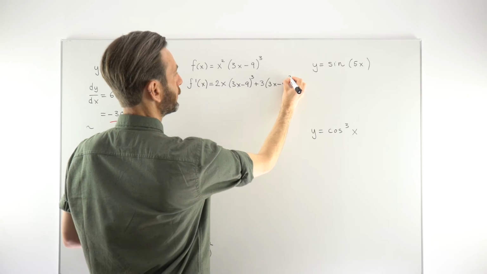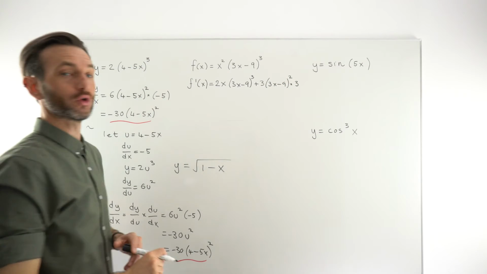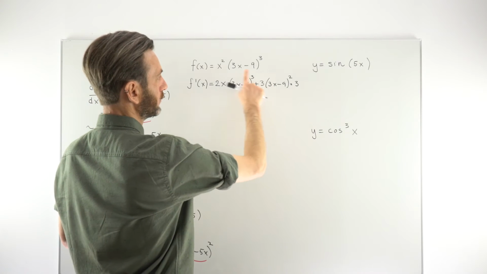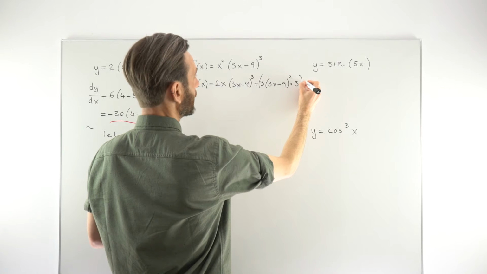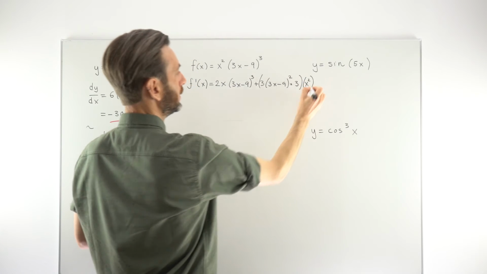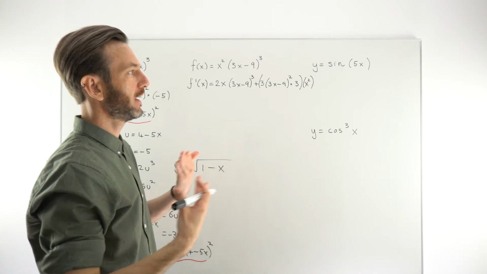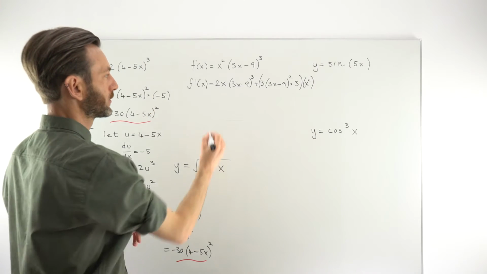We take 1 off the power, and then we multiply by the derivative of the inside of the bracket, which is 3. And we need to multiply all of that, the derivative of that, times this guy here. So I'm going to put all of that in a bracket and then put an x squared on the end there. So it's quite messy, this one, in terms of algebra, but this is the kind of level you need to aspire to, because you will see a lot of questions like this.